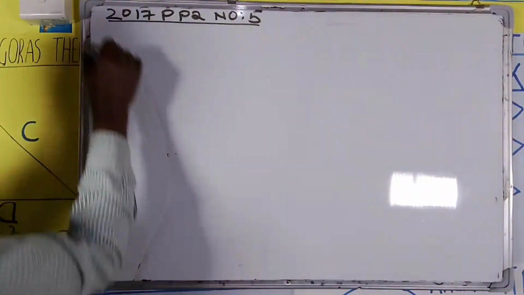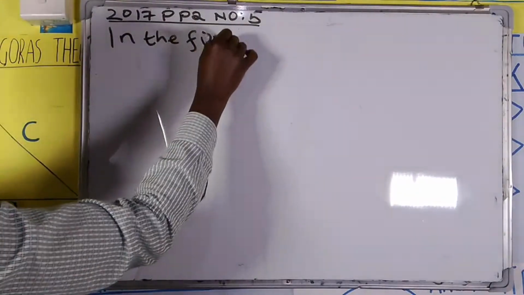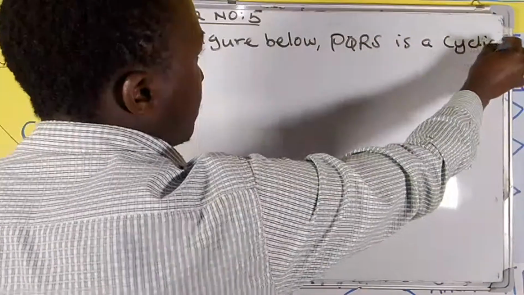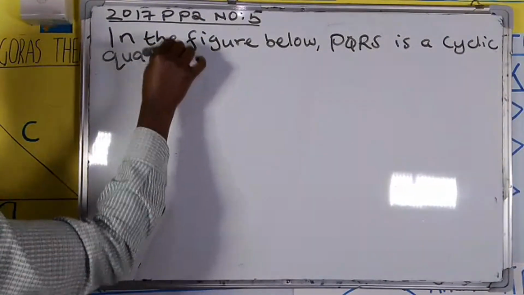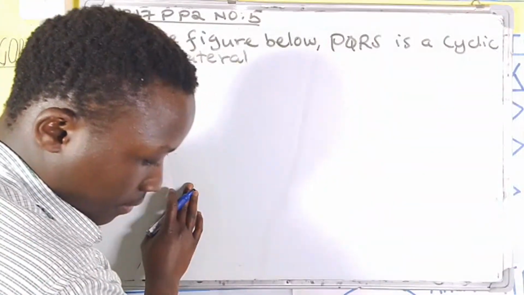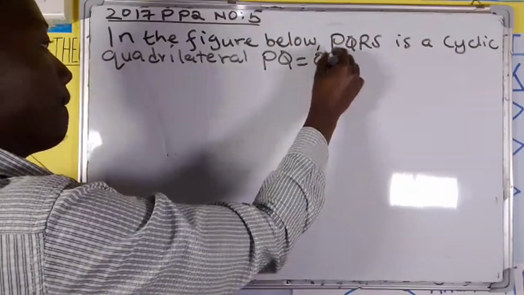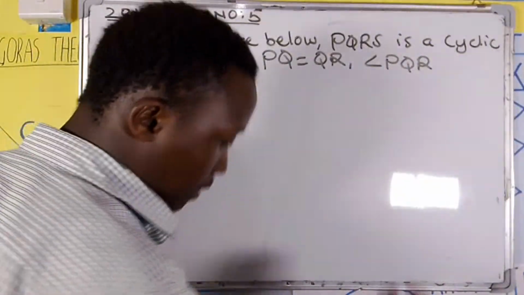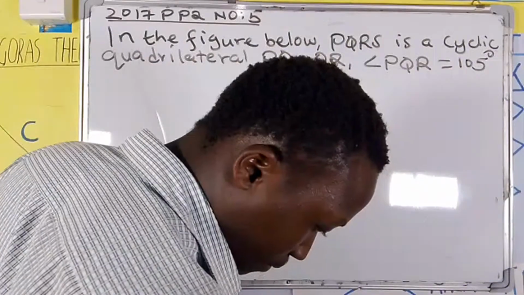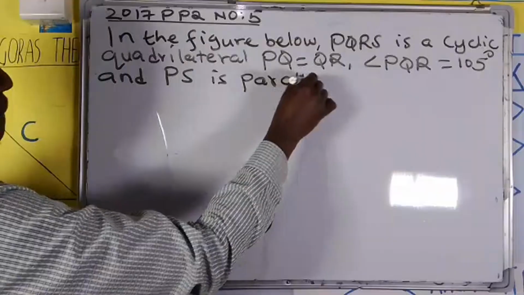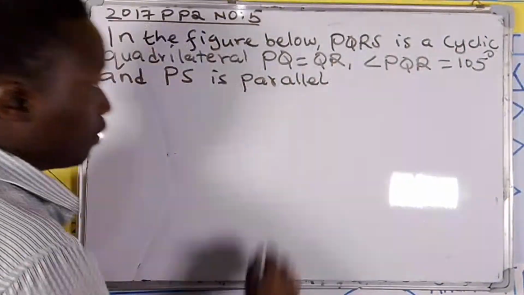The question reads, in the figure below, PQRS is a cyclic quadrilateral, PQ equals QR and angle PQR is equal to 105 degrees, and PS is parallel to QR.